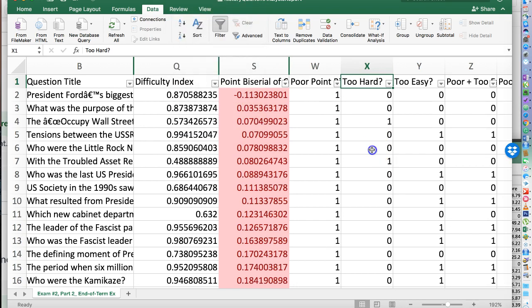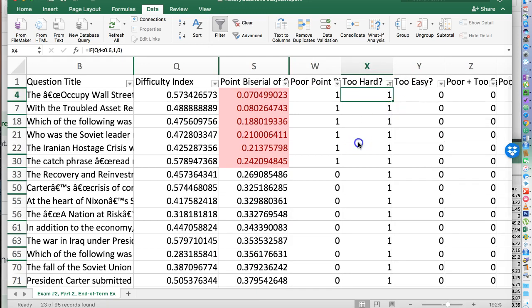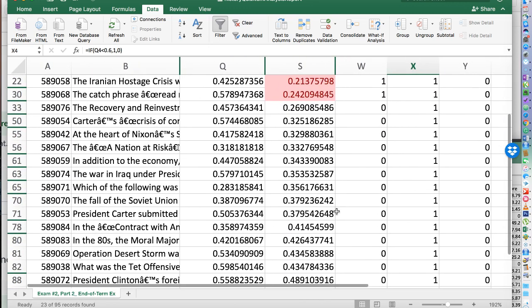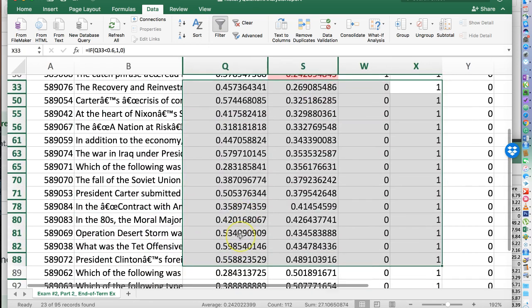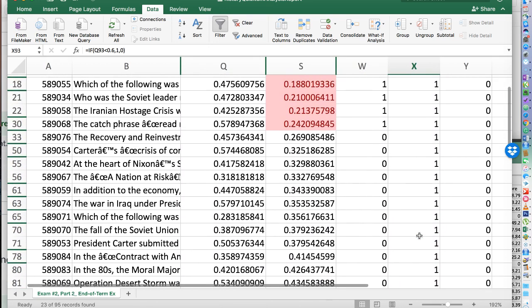So you could say, show me which are poor and too hard, or you can just filter out all the zeros. And since it's sorted by ascending, you've got some that are good discriminators, but not very many got it correct. So these might be good discriminators.